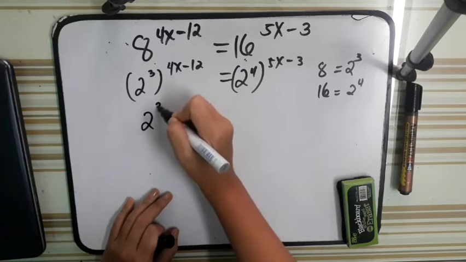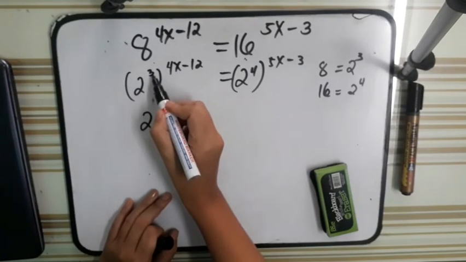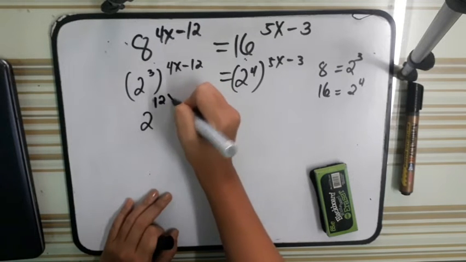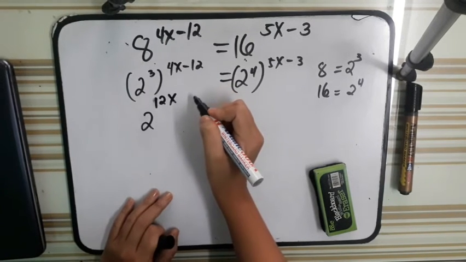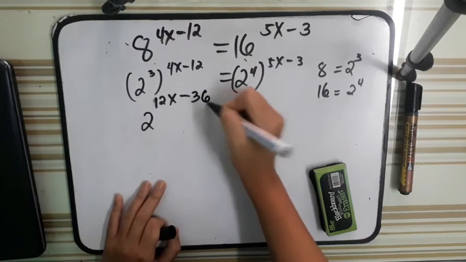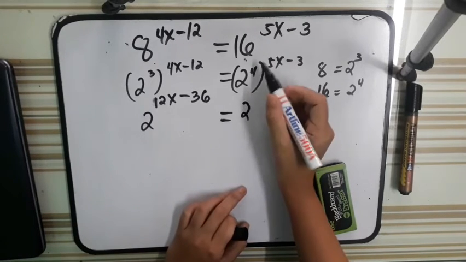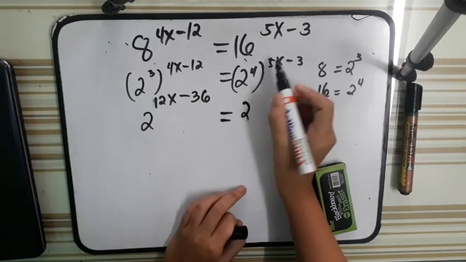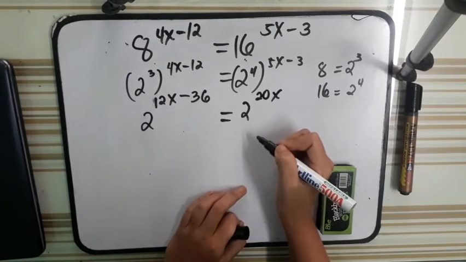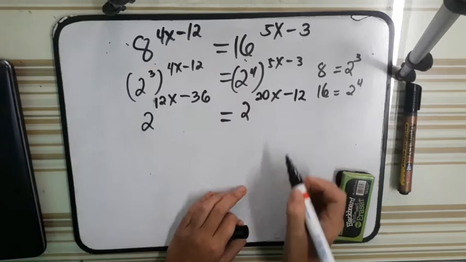So we have 2 times 3, 2 raised to 3 times 4x is equal to 12x. 3 times negative 12 is equal to negative 36. Equals base 2, then get the product of the exponents. So 4 times 5 is equal to 20x. Then 4 times negative 3 is equal to negative 12.